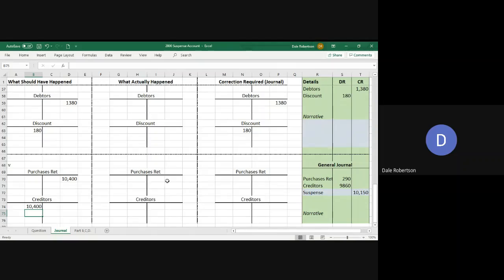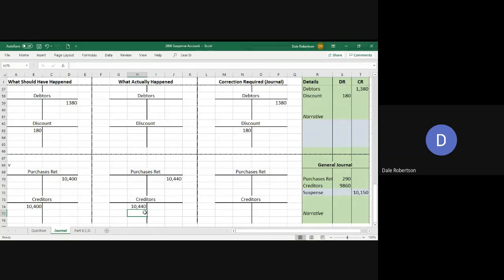However, that was entered as 10,440 and 10,440. Now, however, subsequently, a credit note arrived from a supplier in respect of the return, showing a transport charge of 250 to cover the cost of the return.